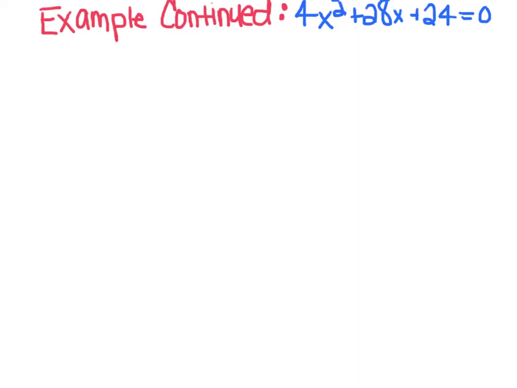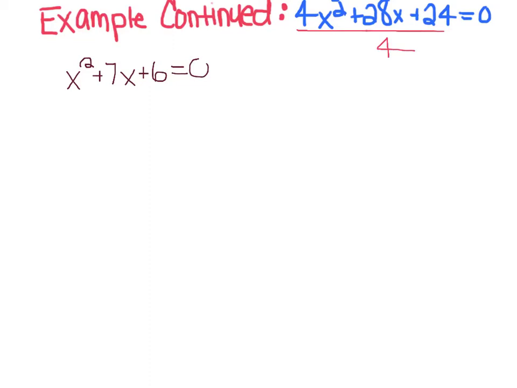Moving on to our next slide of finishing this example, we left off with 4x squared plus 28x plus 24 equals 0. Here you might be able to recognize that we can divide everything by 4. That leaves us with x squared plus 7x plus 6 equals 0.